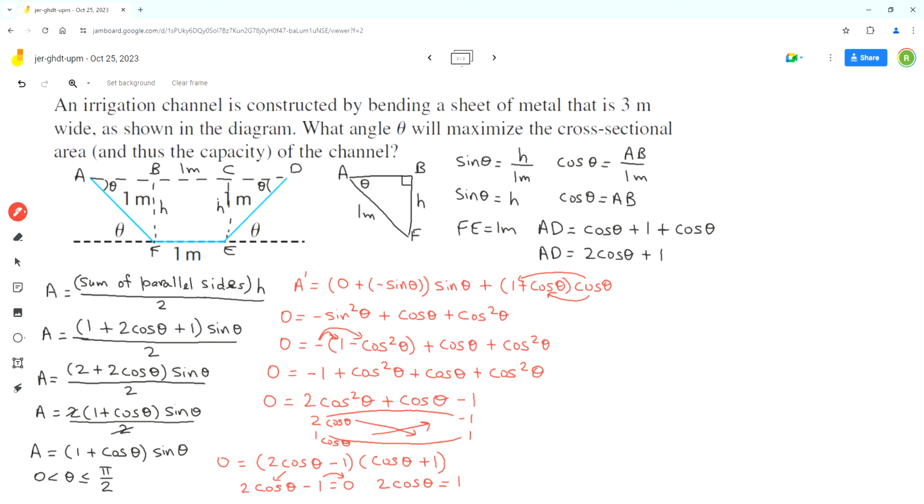And now we can divide both sides by 2. So we get cos theta equals 1 over 2. And in the domain we just found, theta should be equal to pi over 3. So this is the first critical number for this area function.